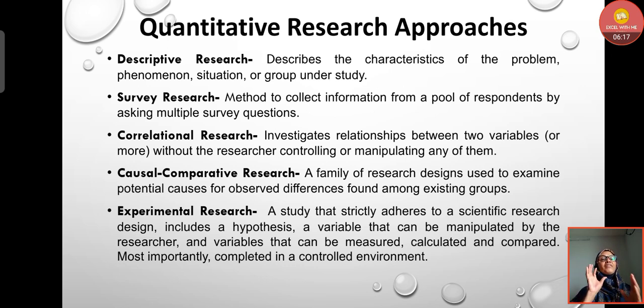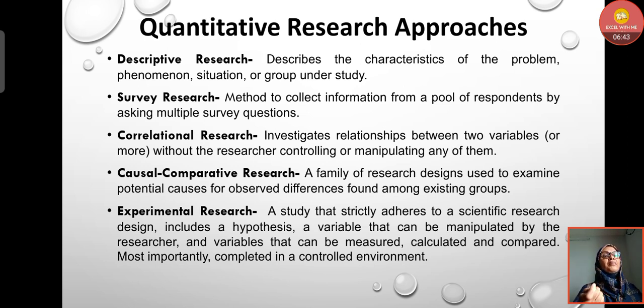Here we take two experimental groups: the controlled group should also be there, and also the normal group. So to find out, a study that strictly adheres to scientific research design, we need the hypothesis and also the variables which can be manipulated by the researcher.